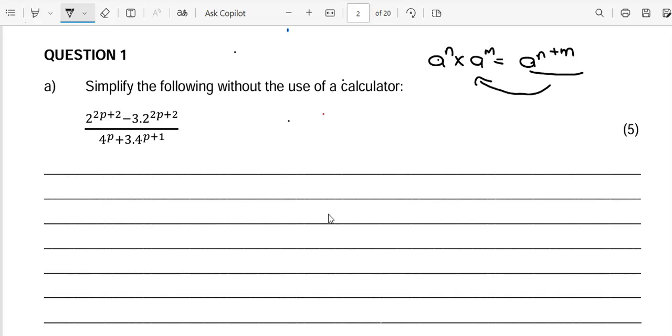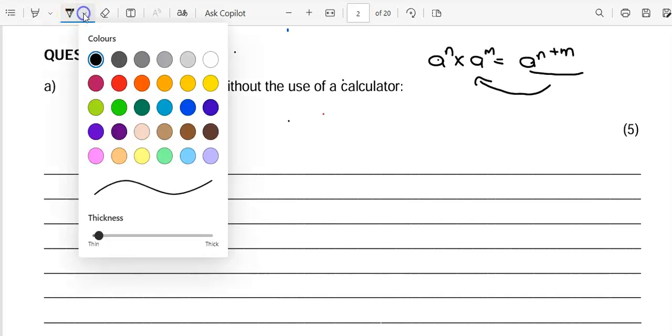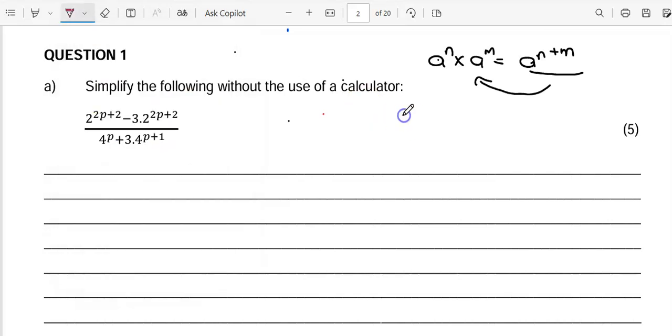So now, if I write those terms in that form, we can quickly take the 2 to the power 2p plus 2. We can take this and write it as 2 to the power 2p multiplied by 2 to the power 2. When the base are the same, we add the exponent. So basically, I'm reversing that law.